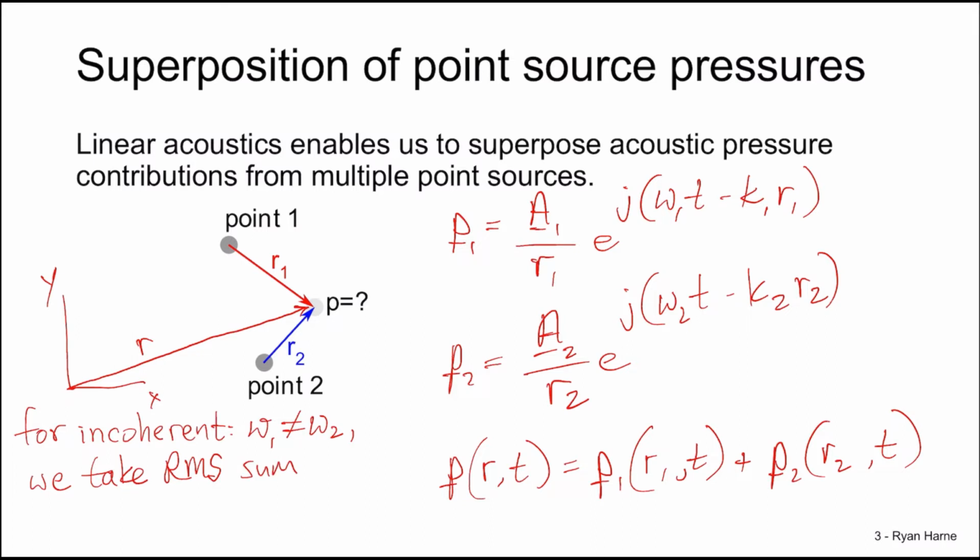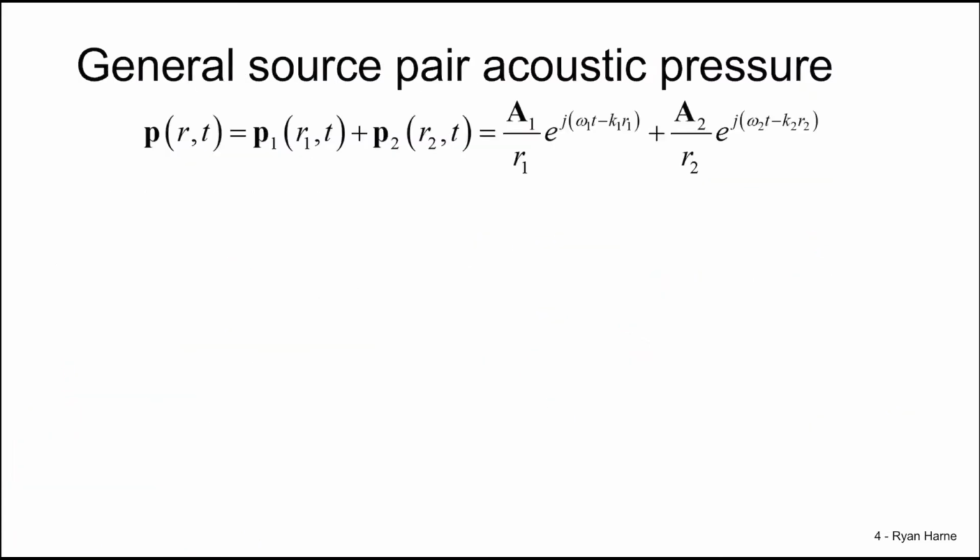In other words, the P RMS is equal to the root of P RMS 1 squared plus P RMS 2 squared. This is the more general case when the sound sources are either broadband or simply have different frequencies. But what if they do have the same frequency?